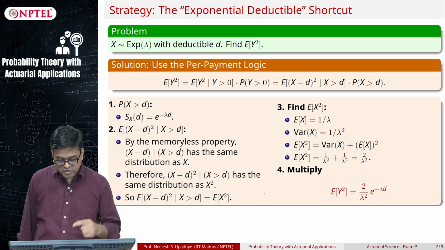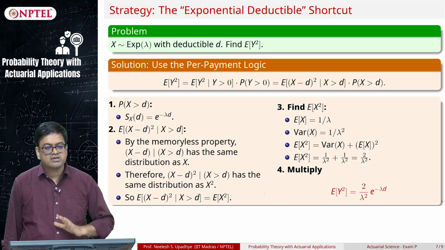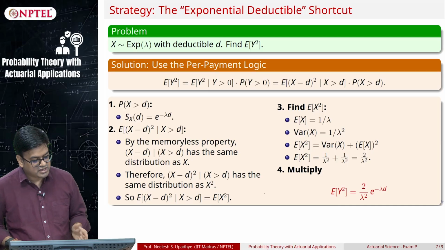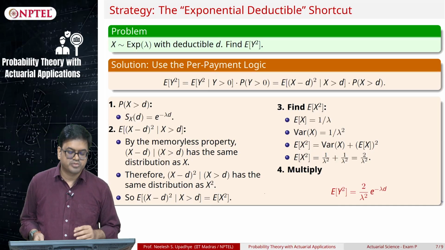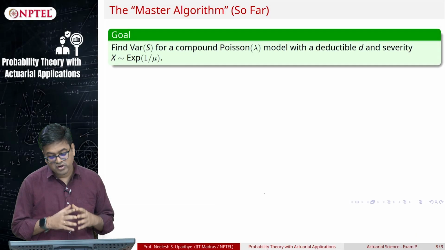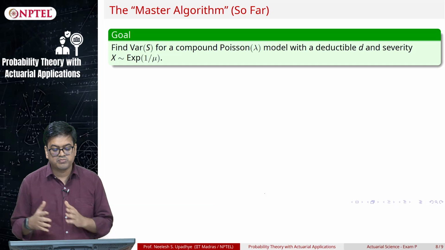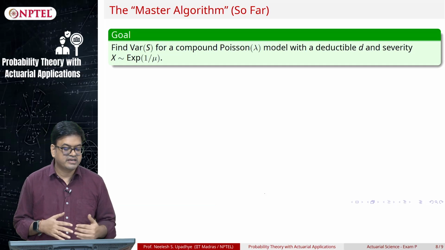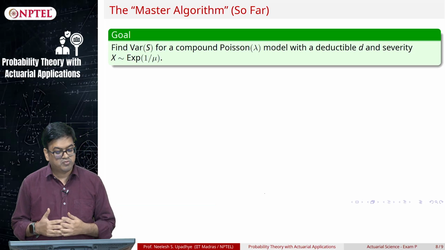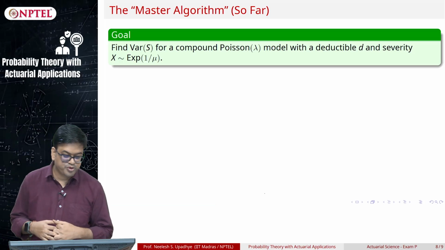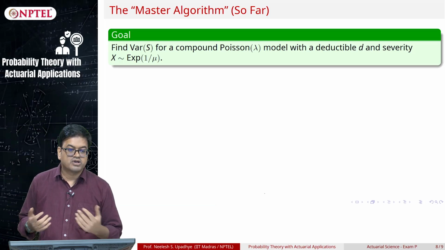Now, whatever we have done for exponential, we can generalize to a general context, though in exponential the calculations were very simple. So, if I want to find the variance of S for a compound Poisson model with deductible d and severity claim exponential with mean mu, what will I do?